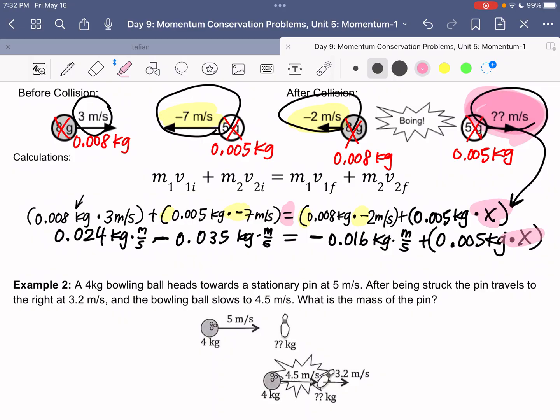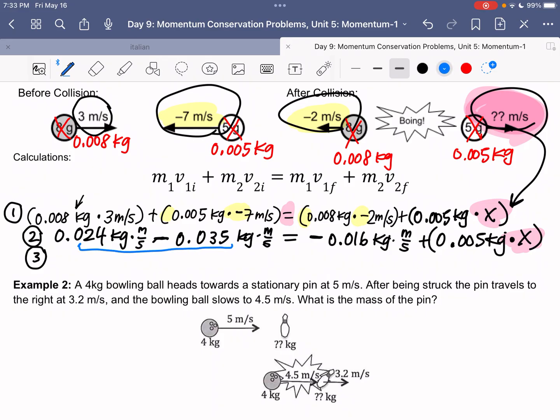Okay, so let me highlight this in pink to show you that we're going from here to here to here because we don't know what that is. Okay, now we're gonna do this next step. So this is step 1, this is step 2, now we're going to step 3 where we finish it off basically. So now I'm gonna do the math on these two parts.